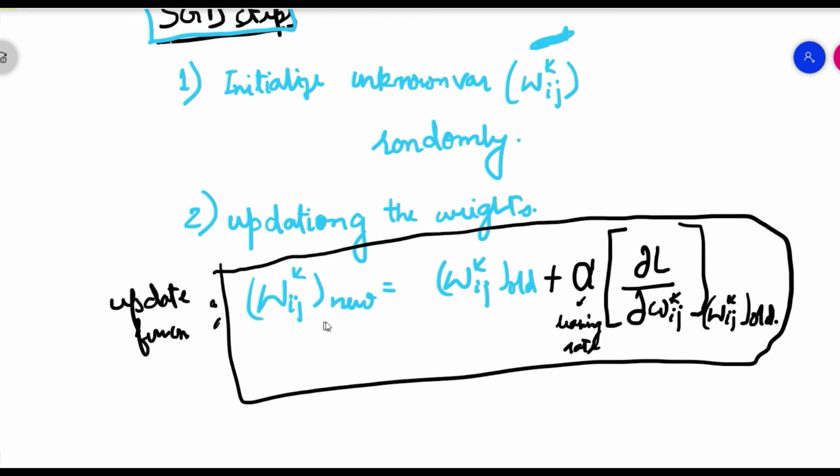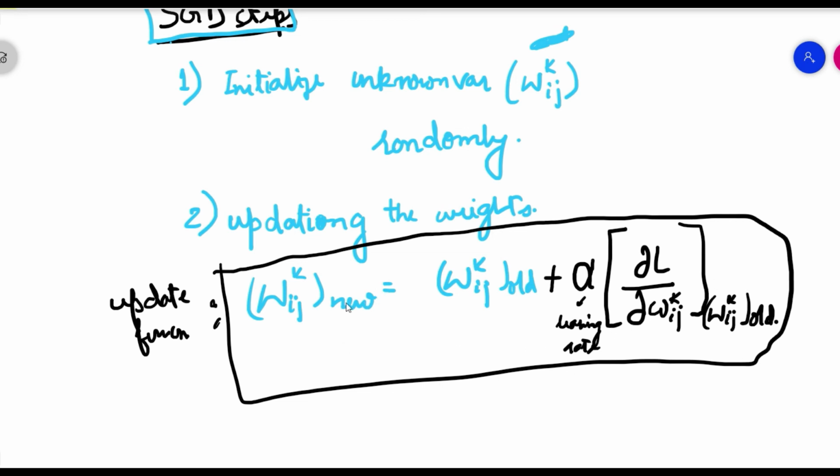If you have not understood this, you may not be comfortable with the linear regression gradient descent concept, and if you want me to make a video on that, please let me know. For now, you just need to understand that the weights are updated in any gradient descent method using this formula.